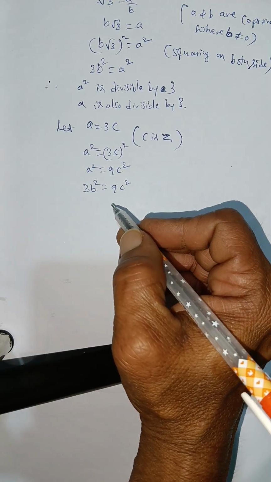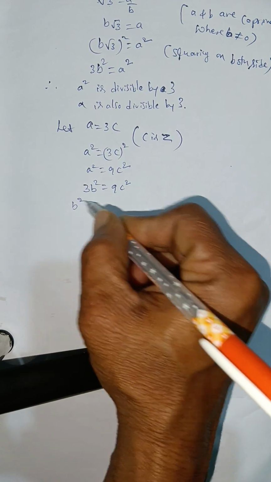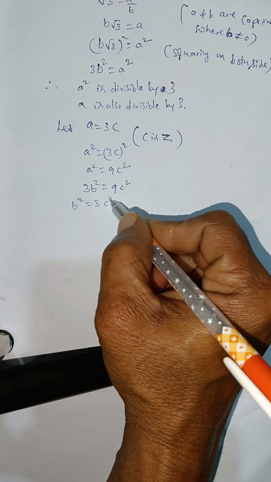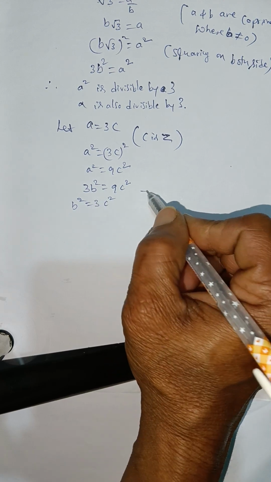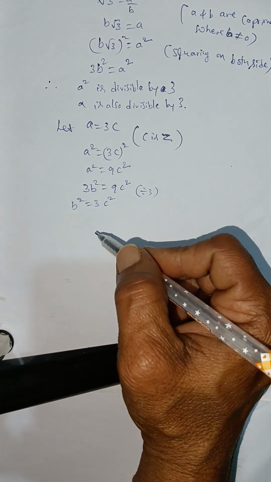Dividing by 3 on both sides, we get b square is equal to 3c square.